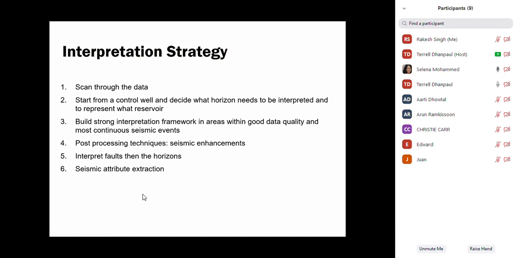So what is number 6? Can you explain it? Seismic attribute extraction, it's just using the seismic data, right? Running a simple workflow to understand different things. And we'll comment on it. We have a whole section in the talk about seismic attributes. Okay? And you try to put some sort of relationship to the attribute and geology.